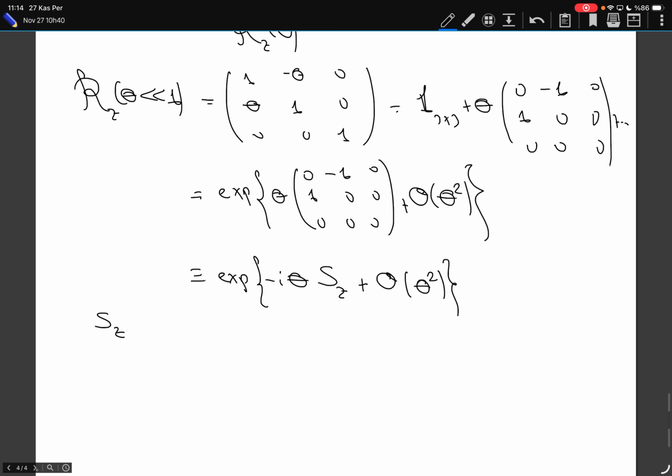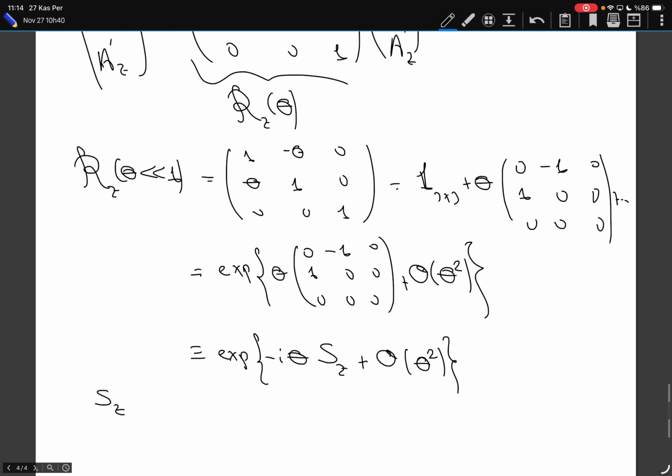Why do we write the theta squared higher order terms as an exponential, since the Taylor expansion did not go like that? Didn't you get rid of the theta squared terms and convert them to an exponential?